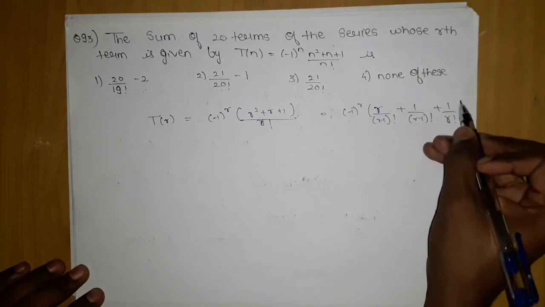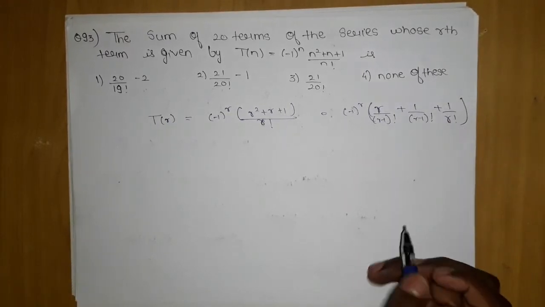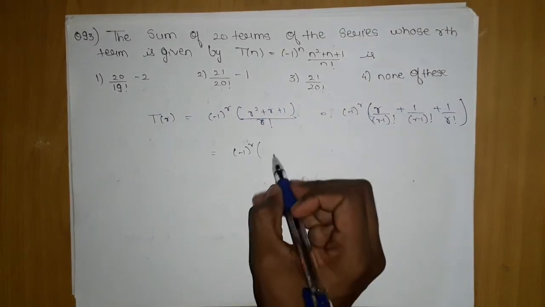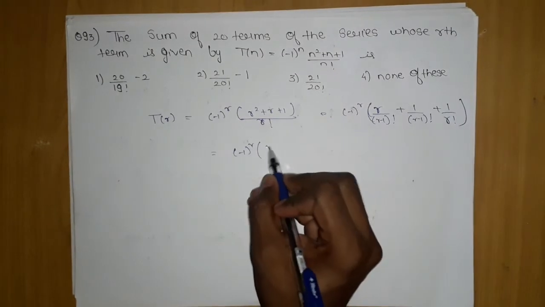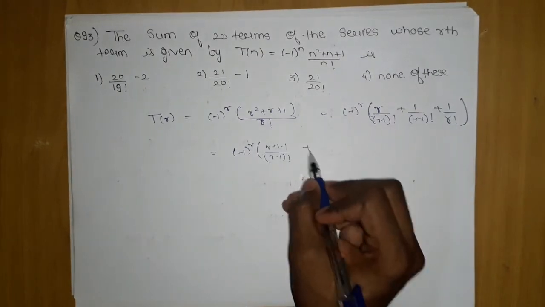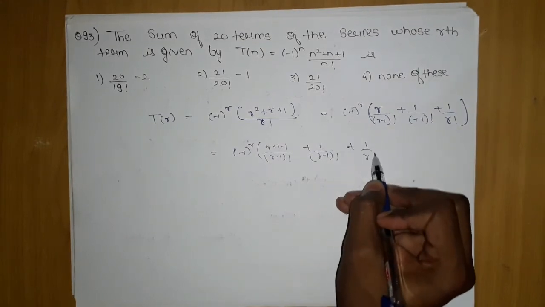And since we have done this type of cancellation before, I am not going to explain it again. Here minus 1 upon r, and we will break it here, r plus 1 minus 1, again r minus 1 factorial plus 1 upon r minus 1 factorial plus 1 upon r factorial. Fine.